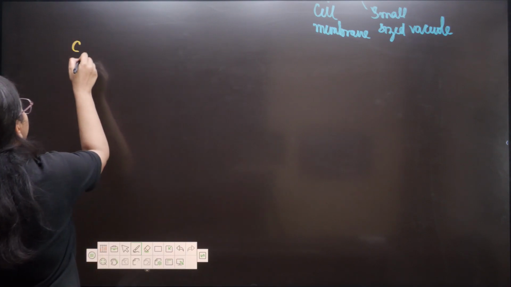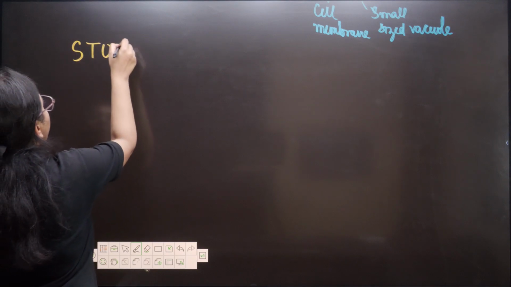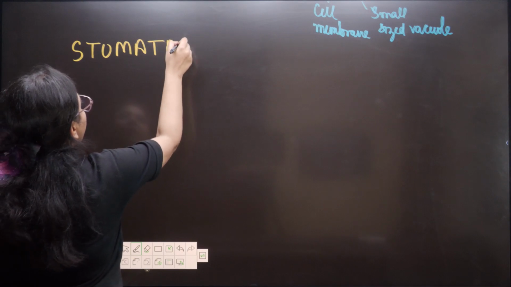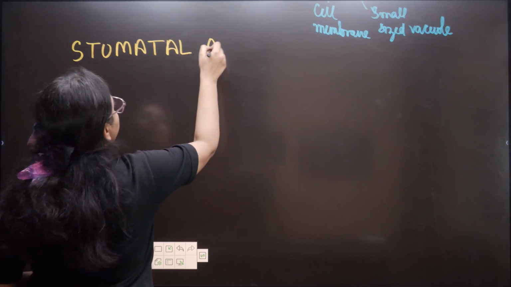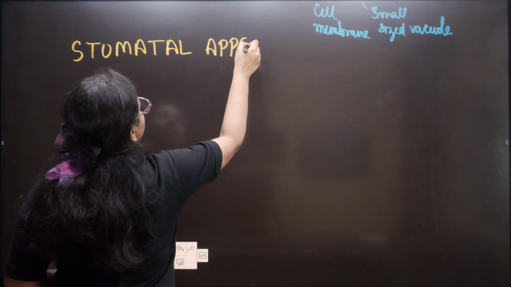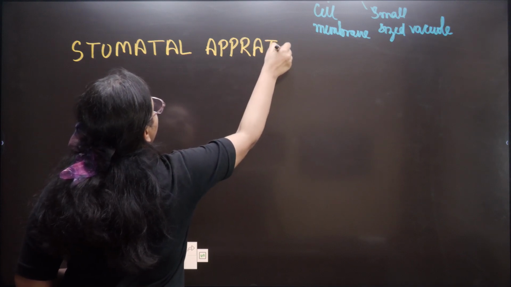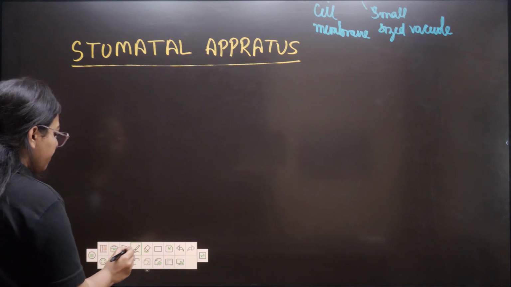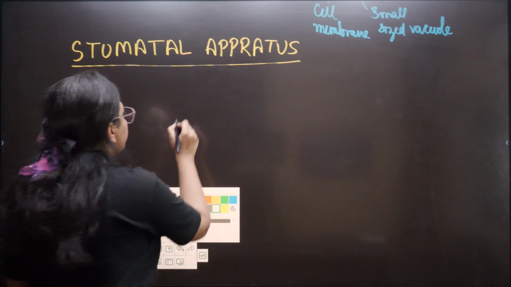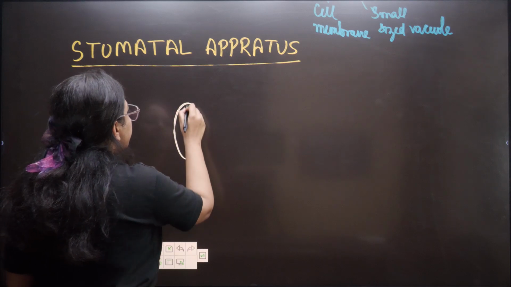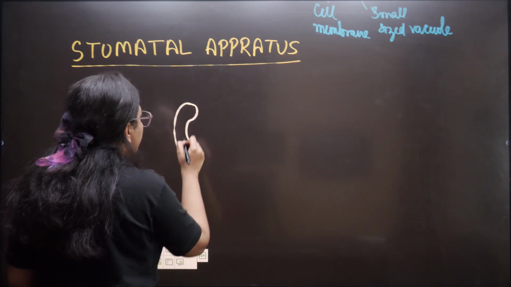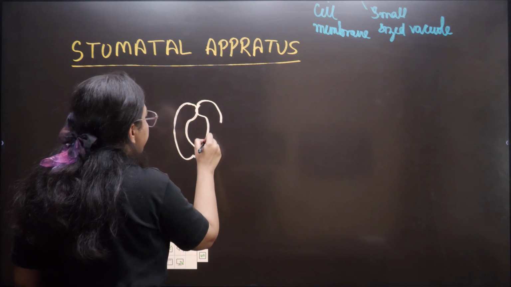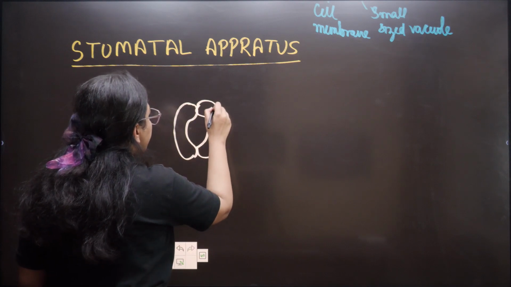Okay, stomatal apparatus, very important. Here you don't have to draw anything special, just two kidney bean-like structures, and then again like this.